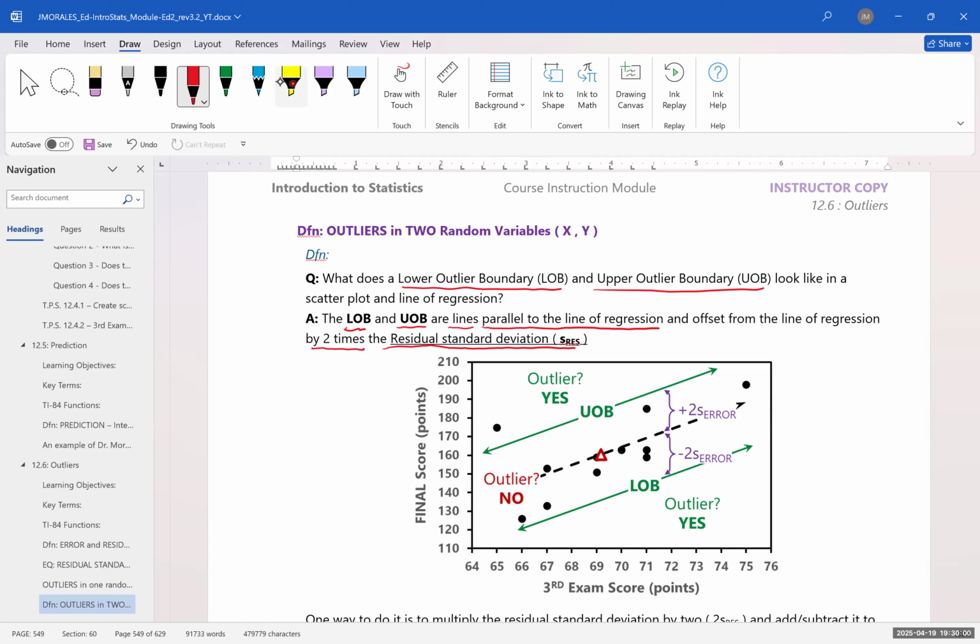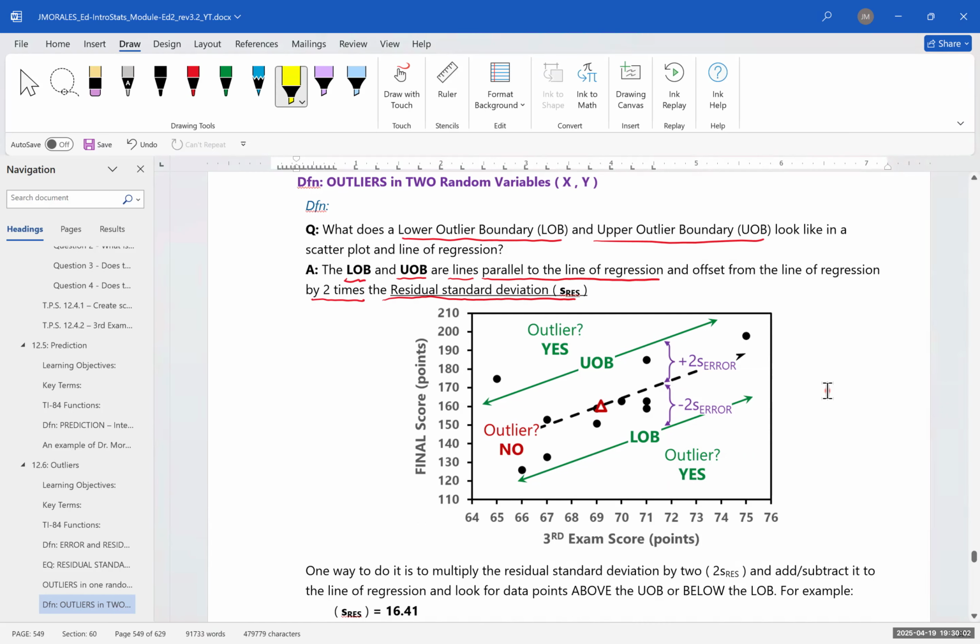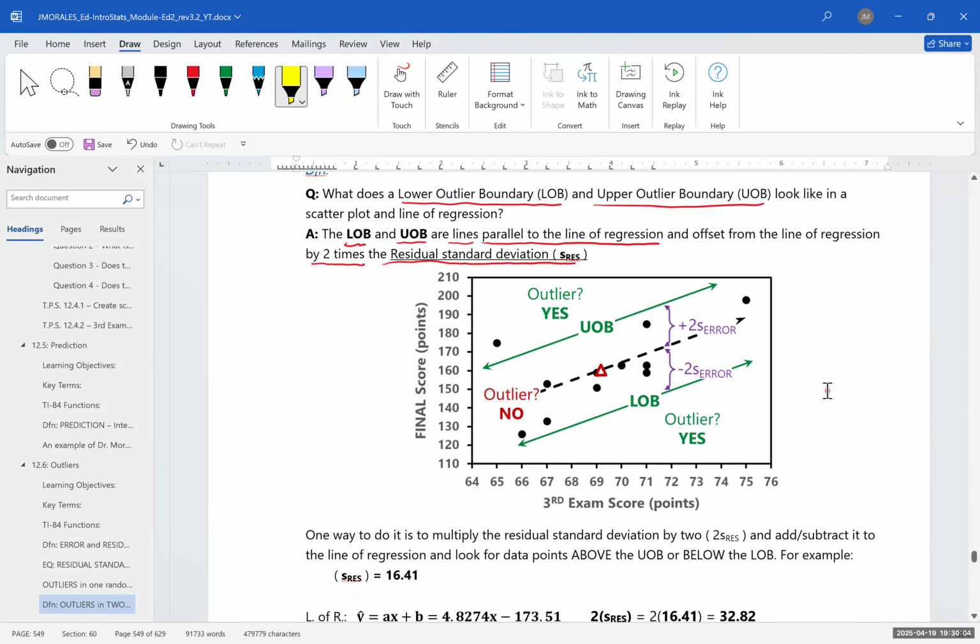All right, so what I've got here is a picture. We've seen this picture a number of times. This is third exam score versus final score. We've got our scatter plot, and we have our line of regression here. Now, what you'll notice is, there's an upper outlier boundary and a lower outlier boundary.